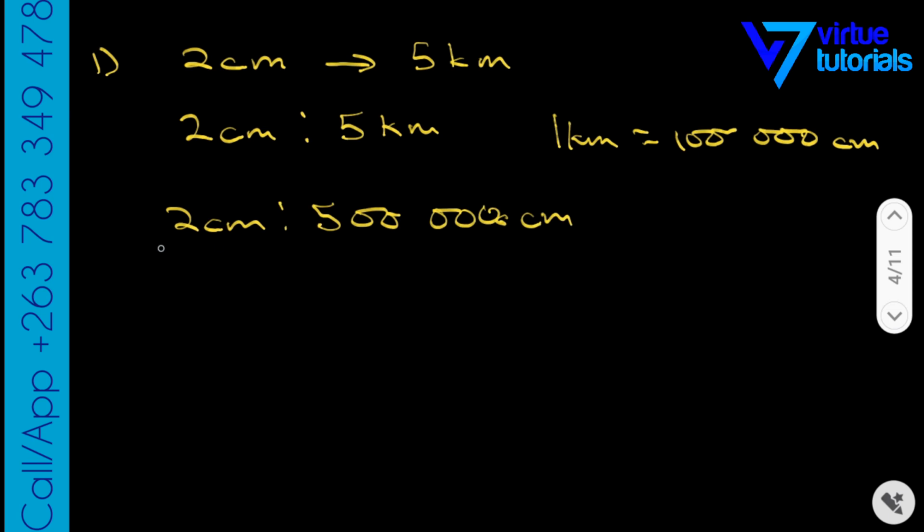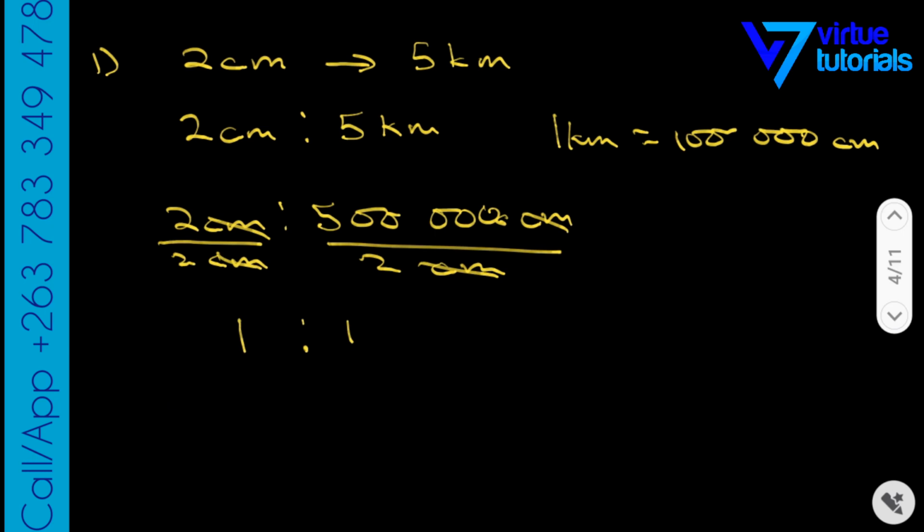Once I get this, I can divide by 2 centimeters on both sides to simplify it. Then I'll get 1, because 2 divided by 2 gives me 1. And then 2 into 500,000 gives you 250,000. So that's the scale there. No units now.